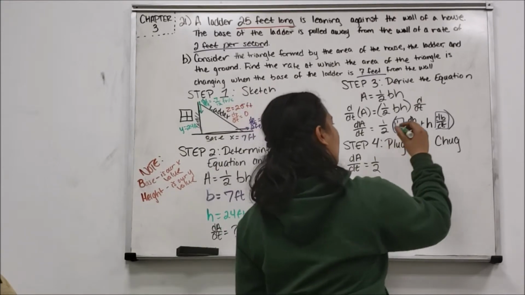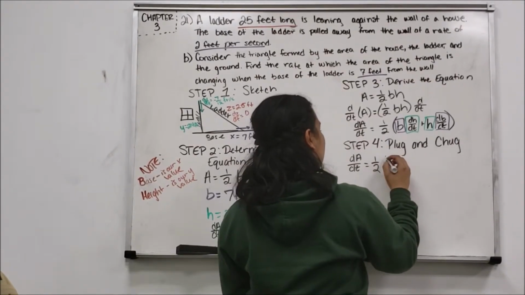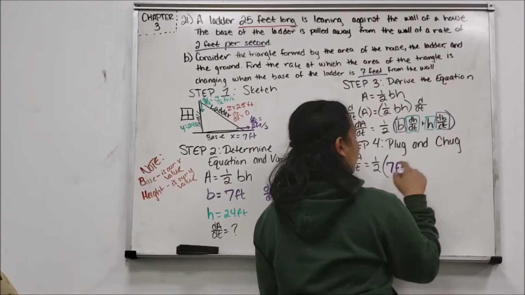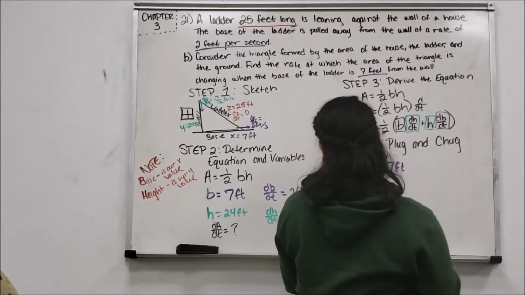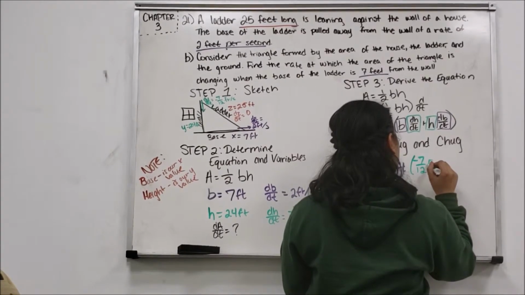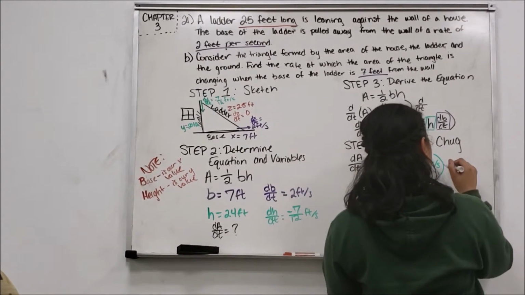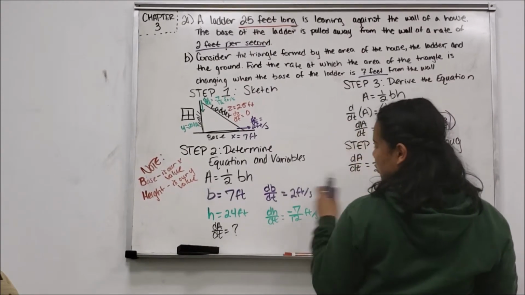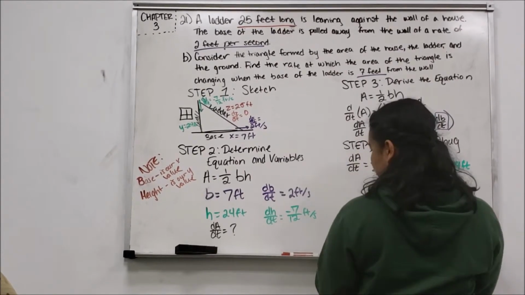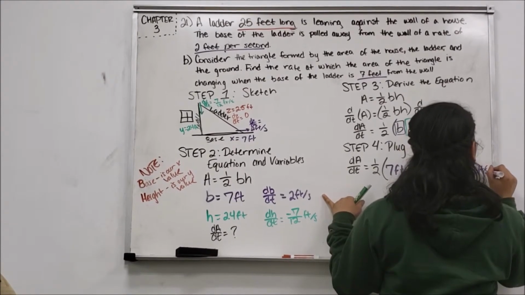Here is dH dt, and here's H. So now I'm going to take our 7 feet, do not forget your units, times our -7 over 12 feet per second, plus our H, which is 24 feet, times our dB dt, which is 2 feet per second.